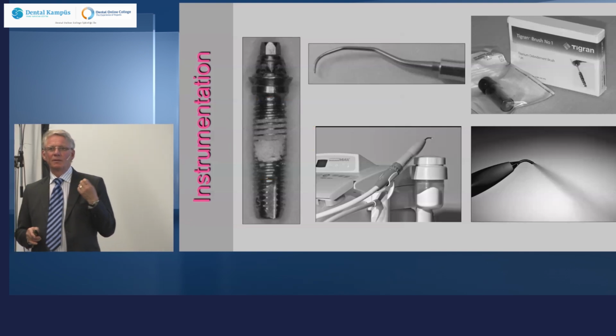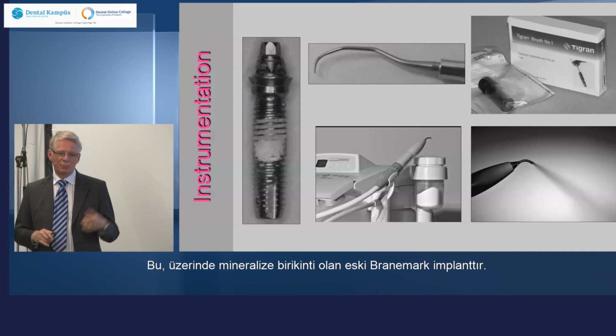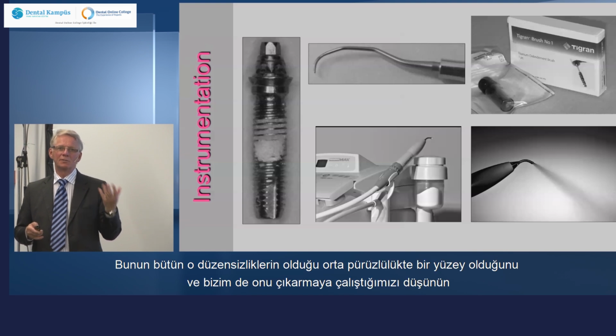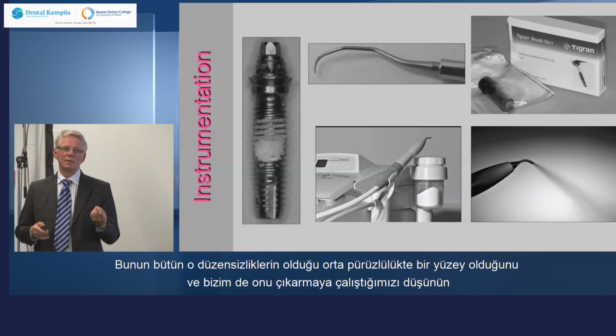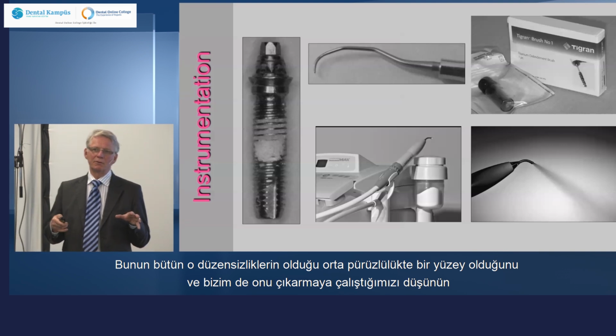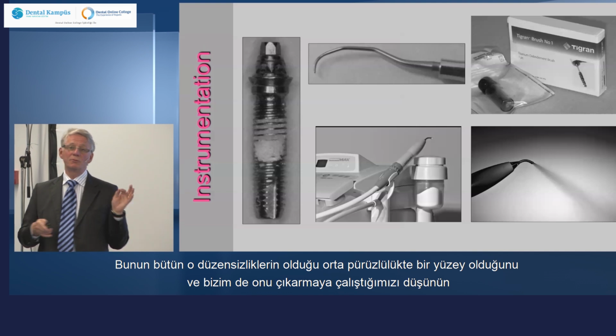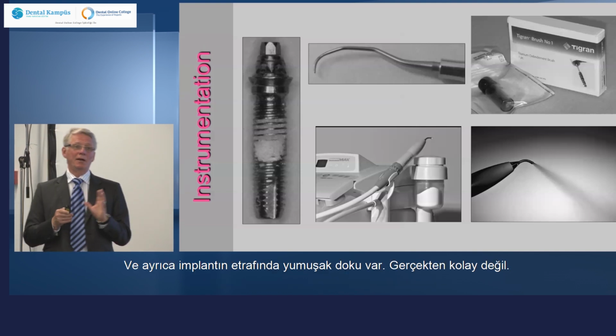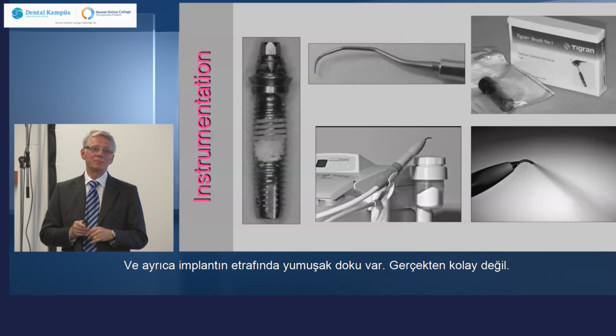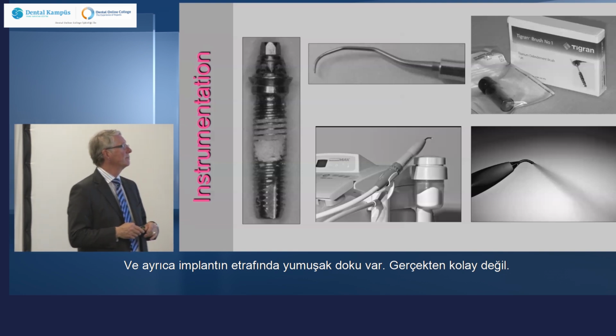This is now an old Brånemark implant with a lot of mineralized deposits. You should think that this is a medium rough surface, where you have all those irregularities, and we are trying to remove that. And we still have the soft tissue all around the implant. It is really not very easy.